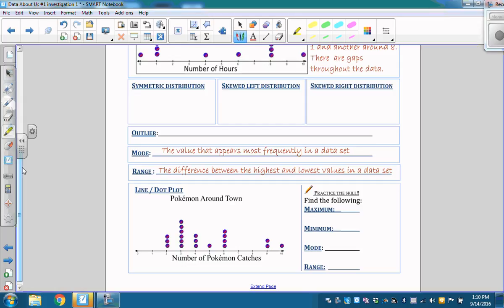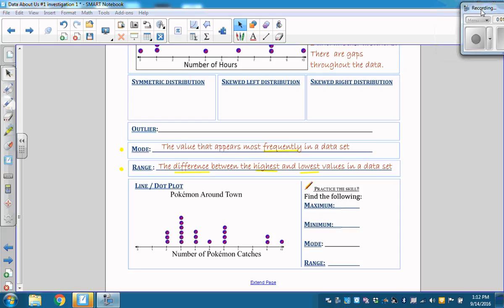Think about what it means, write it down, and then the range was also in your homework 2 nights ago. The range is the difference, so that's like a subtraction problem, between the highest and the lowest values in a data set. So put those into your note catcher, and then we'll do an example with these.